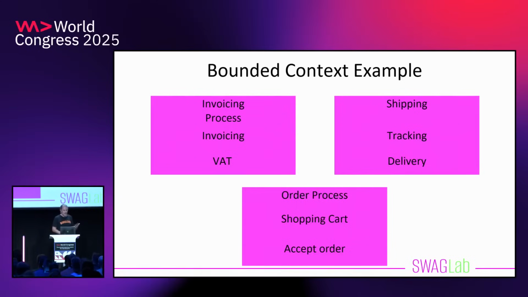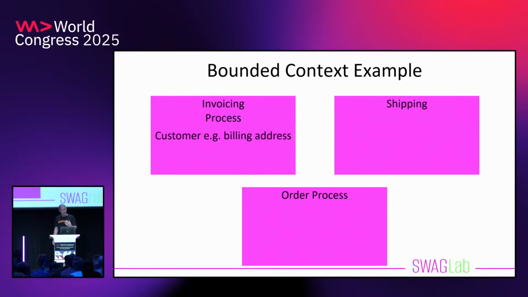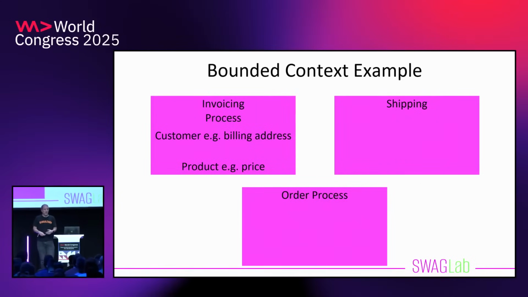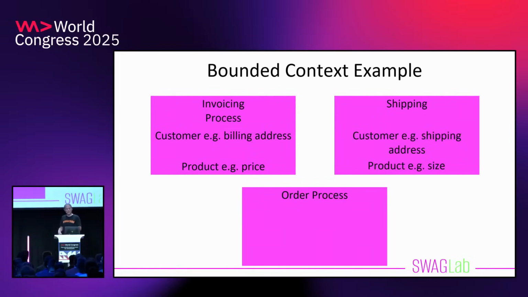If we stick to that example, then we have a customer that will pay that bill. So we have a customer with a billing address, and we have a product with a price, and this is what matters for doing the invoice. While for shipping, we have the customer that we ship something to, and the product, well, the size is important, right?